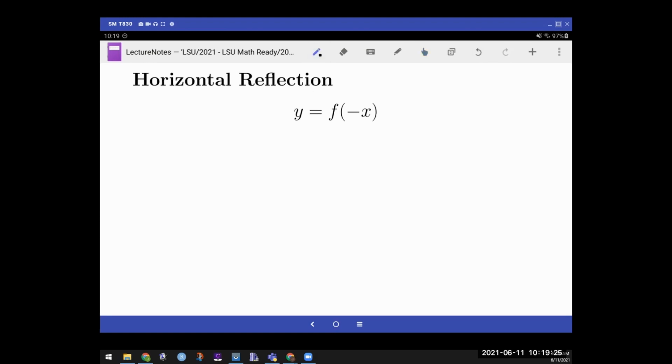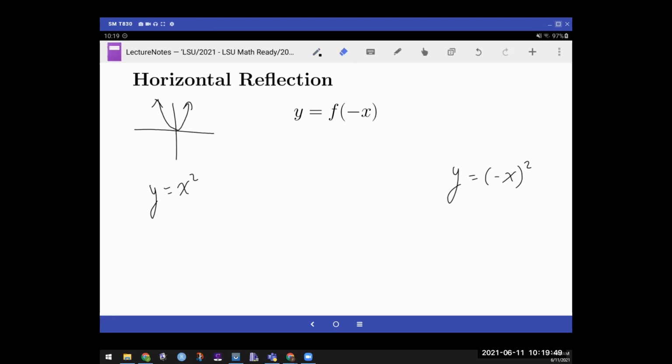If you have a negative inside of the function, x squared is a bad example here, but we'll use it anyway. If you change the inside, right? In the last example, you put the negative on the outside. This one, you put the negative on the inside.